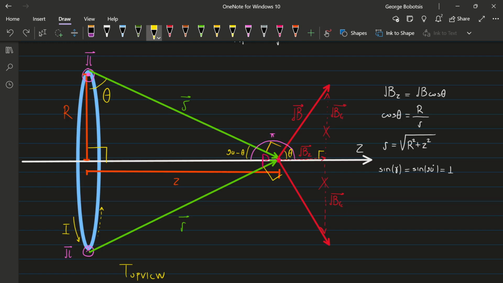But in the magnetic field version, the dB is perpendicular to the R. It has to be. Versus in the electric field version, this would be one of the contributions along this vector, and the other one would look like this. You see very different vectors for the electric field if you were doing that problem.